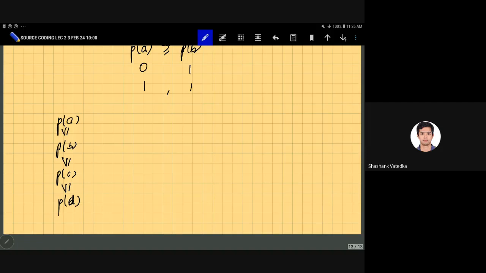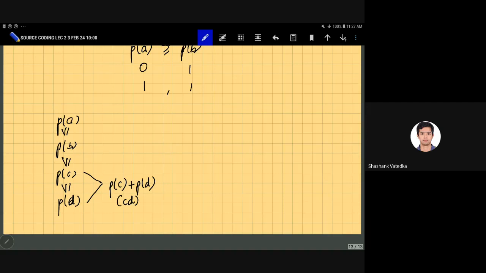So now we have an alphabet of size 4. I'll merge two symbols of the alphabet to get a super symbol. If I merge these two, then the probability of the merged symbol is P of C plus P of D. Now we have three symbols. Let me call this merged symbol CD.